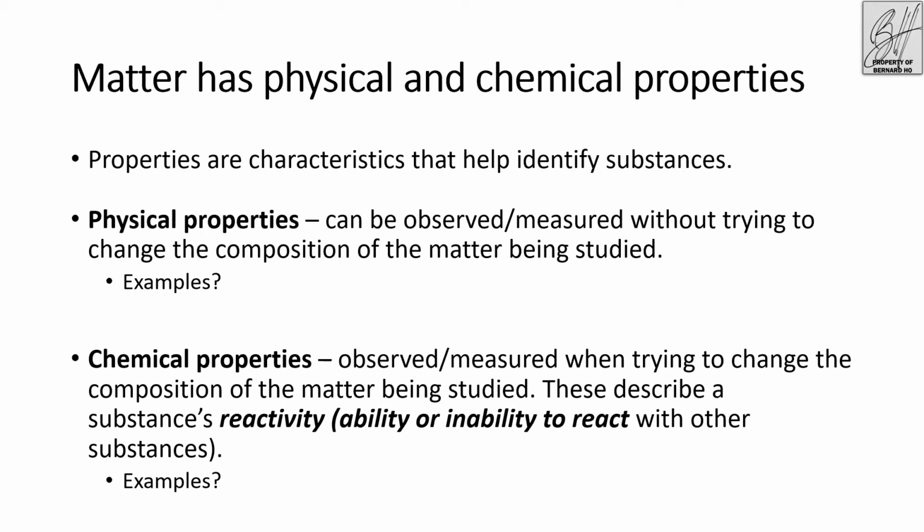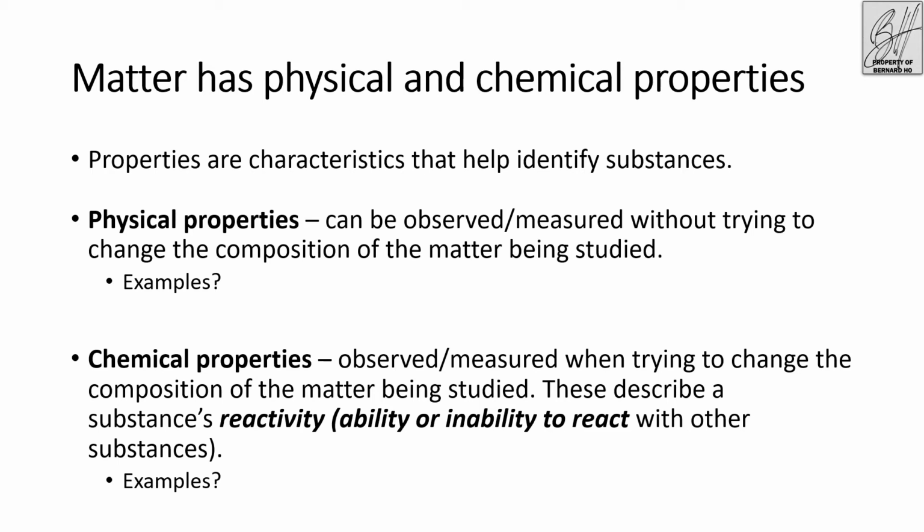In other words, the substance's ability to react or not react with other substances. And the key here is that when substances react with each other, they change their composition, either by the addition, removal, or rearrangement of atoms.